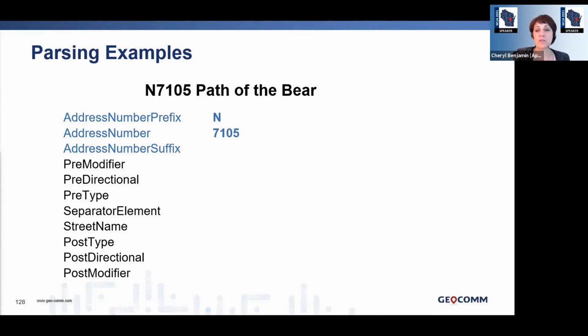Now, what about Path of the Bear? What is going to go into the street name element? Again, just the street name we're looking at. And we'll see how many people are waiting for someone else to type before they put stuff in. So looking at Path of the Bear, we had some that start out with bear.